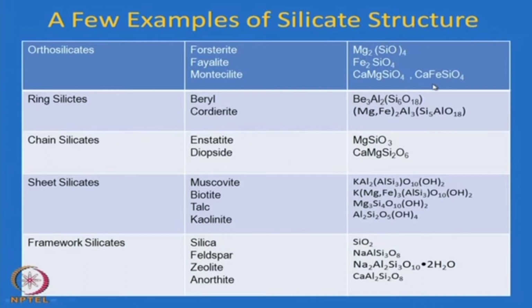It is a complex silicate. As you can see here, 2 Mg is satisfying the 4 charges, whereas here 1 calcium and another magnesium together satisfy the 4 negative charges of SiO4. Okay. So, this is another kind of mixed silicate, calcium magnesium silicate.